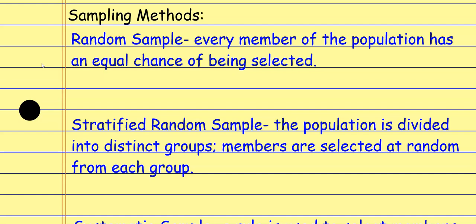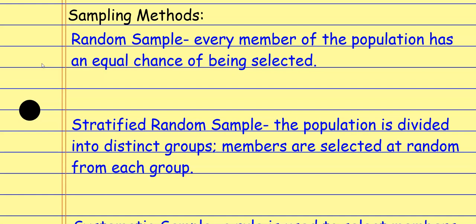A stratified random sample is when we basically break the population up into distinct groups and then randomly select from each group. So a nice way to do this, again, if we're talking about York Suburban High School, is I might get a couple different teachers involved. And I might say, okay, I want each of you to pick 3 students from each of your class periods. All right.